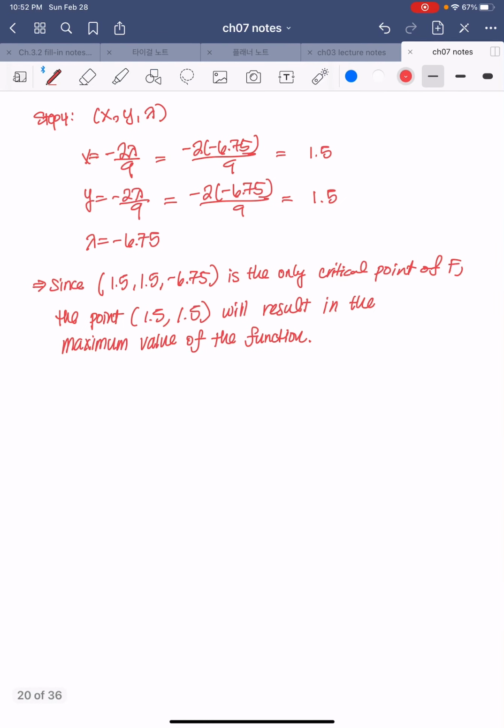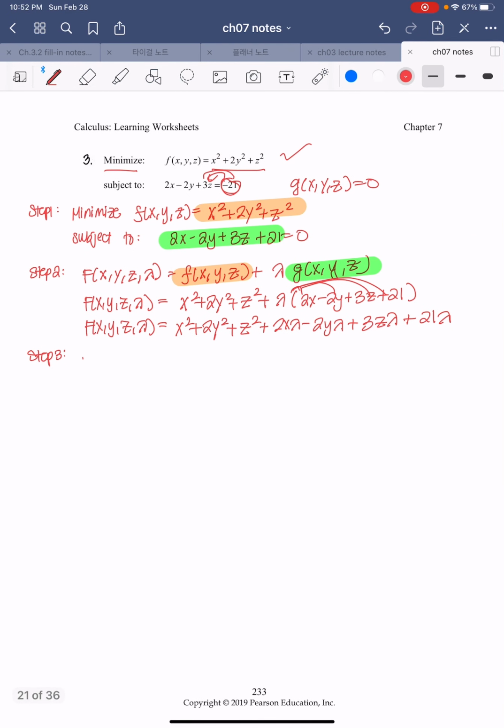So let's try the first one. F subscript x, taking the derivative in terms of x. I'm looking at this function here. I'm going to look at the terms with the x term, right? And the other ones will be just constants.